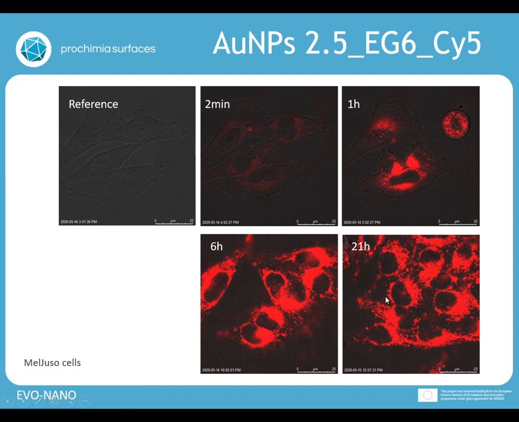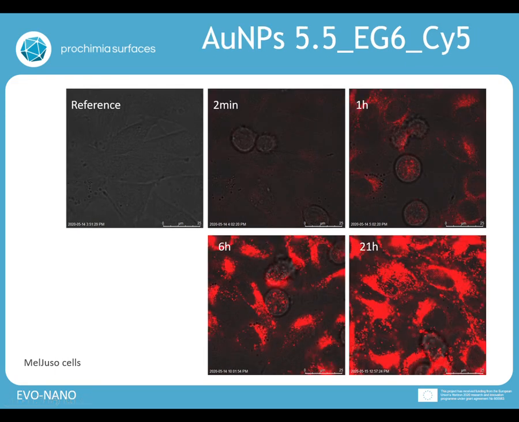In the case of a similar experiment with the gold nanoparticles of 5.5 nanometers, you can see similar behavior, but the fluorescence activity is increased when the aggregation of these nanoparticles occurs in the cell, and then the intensity of the region where these nanoparticles are gathered can be observed.